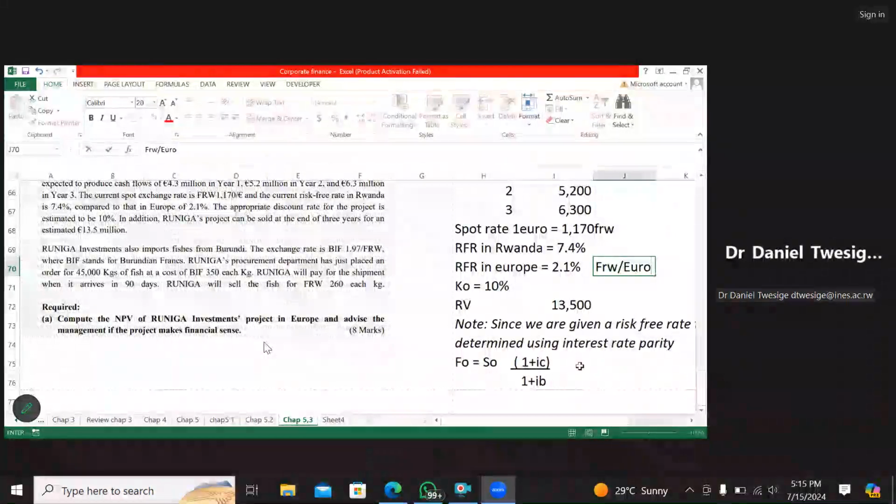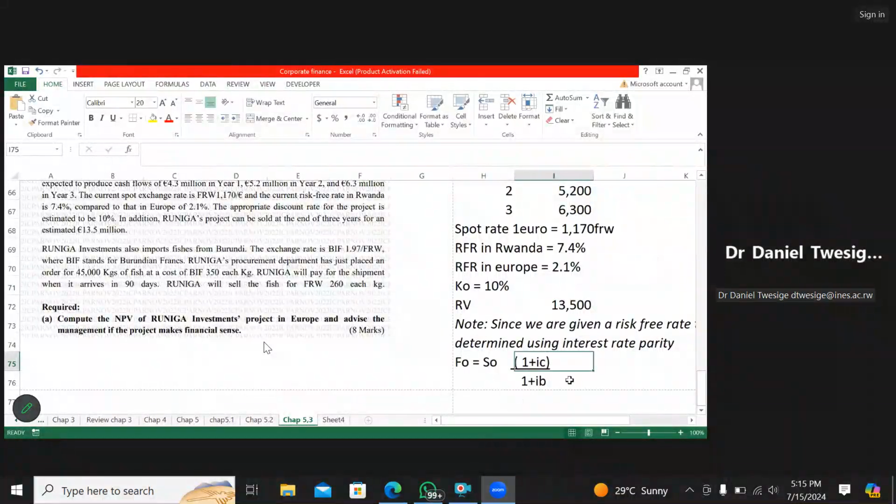So now we have these two. We have the interest rate in Rwanda and the interest rate in Europe. So what is going to be the IB? From what we discussed, this is the home country, and this is the foreign country.